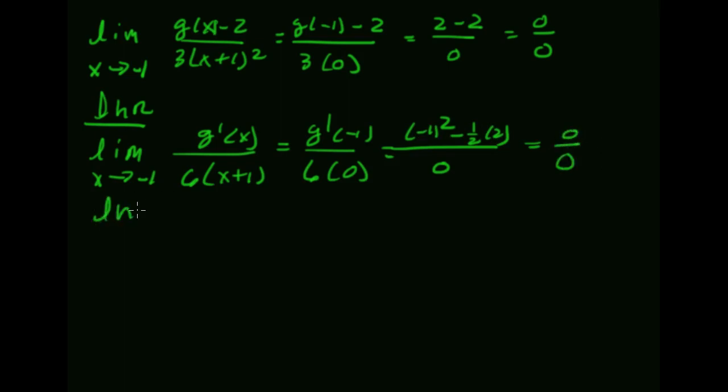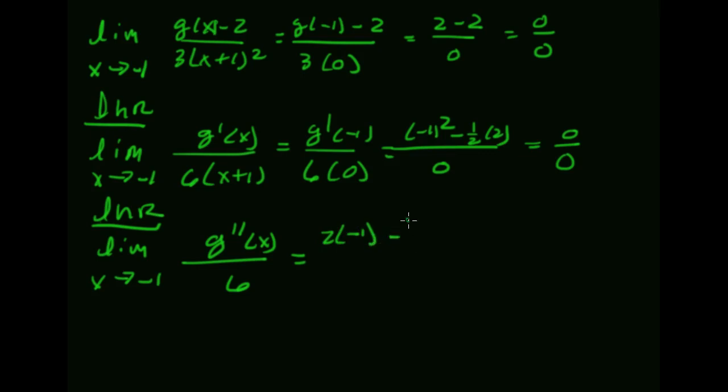So we apply L'Hopital's rule a second time. We're going to end up with g double prime of x over 6. We have the rule for the second derivative above, so this is going to be 2 times negative 1 minus 1/2 times the first derivative, which we just calculated as 0, over 6, which gives me negative 2 over 6, or negative 1/3.